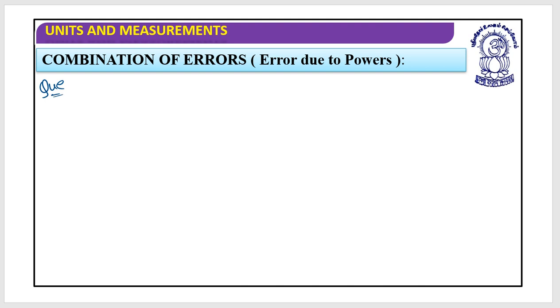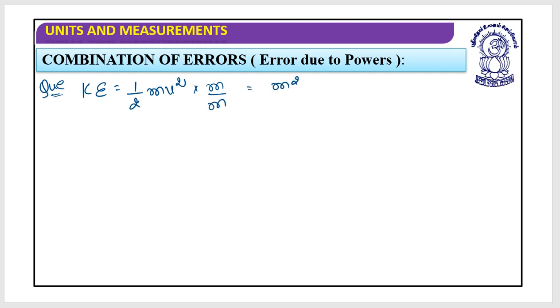Do you know kinetic energy? What would be its relation? Yes, kinetic energy is equal to half mv square. Any other relation? Let's look at this. I know kinetic energy is equal to half mv square. Let's multiply and divide this by m.